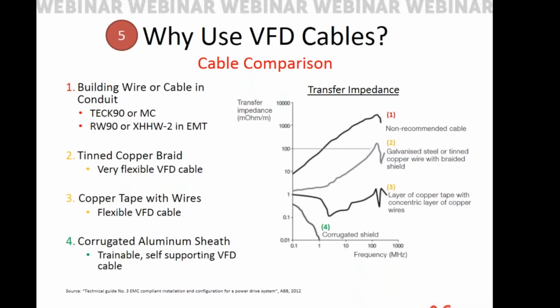If you're looking for a higher performing VFD cable that still maintains flexibility, really we should be looking for a cable with copper tapes and concentric wires for bonding. That produces a flexible, unarmored VFD cable, maintaining a somewhat flat transfer impedance. Now, if we look at our corrugated aluminum sheath or DriveRX VFD cables, you can see very quickly that the aluminum actually drops dramatically in impedance as frequency rises.